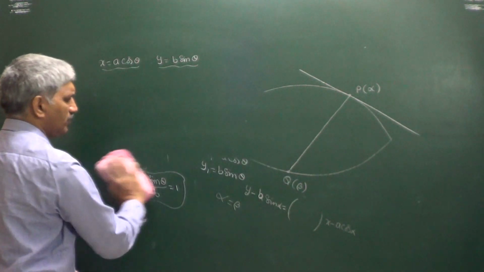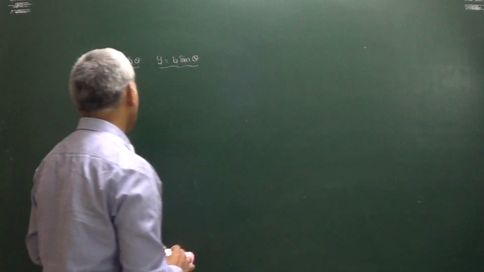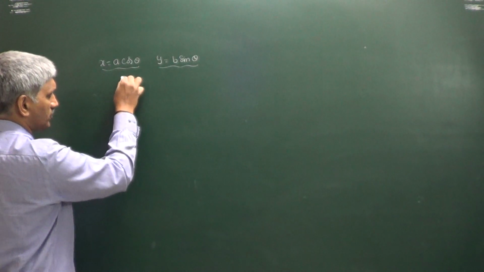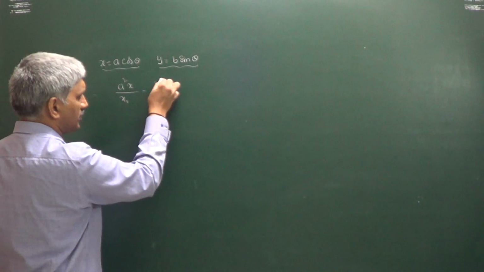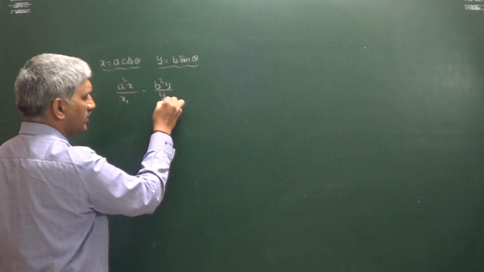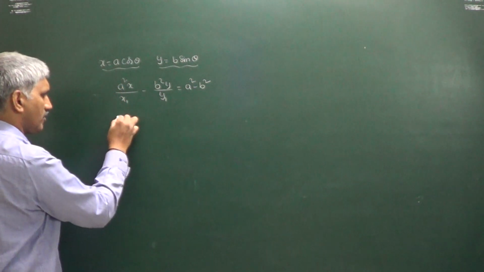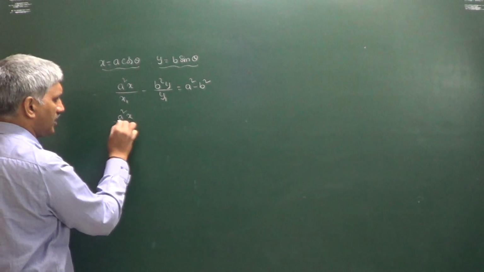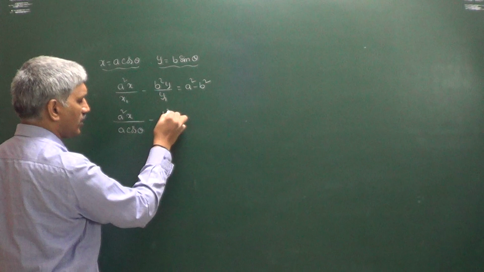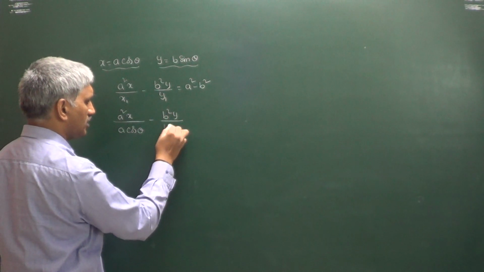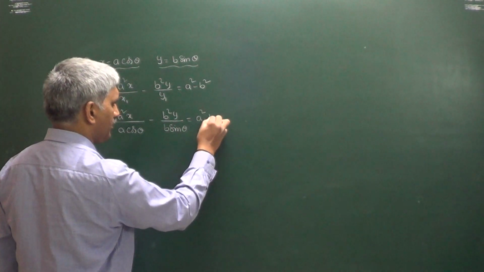Now here, as we know, the equation of the normal. What is the equation of the normal? The equation of the normal at a point (x1, y1) is a square x divided by x1 minus b square y divided by y1 is equal to a square minus b square. Now I can write this as a square x divided by x1, which is nothing but a cos theta, minus b square y divided by y1, which is nothing but b sin theta, is equal to a square minus b square.